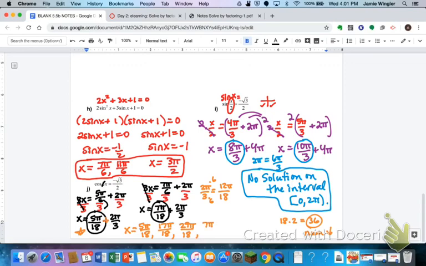Now I start with 7 pi over 18, and I add 12 pi over 18 to it. 7 pi plus 12 pi is 19 pi over 18, and 19 pi plus 12 pi is 31 pi over 18. I'm done, because if I added another 12 to 31, that puts me over 36, and my numerator cannot go over 36.